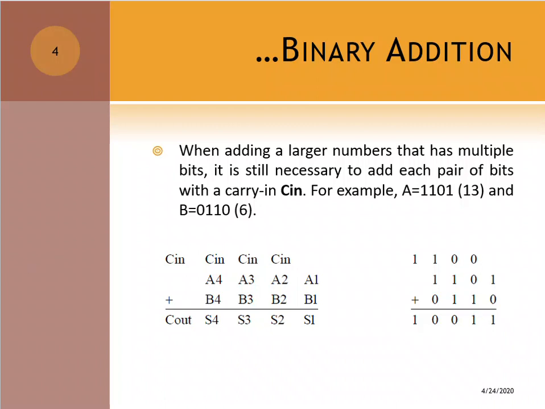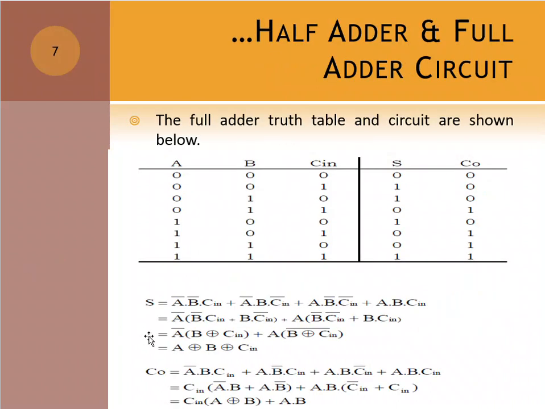So next, if we try to derive the equation, the sum of product for sum and C out for the full adder circuit, we are going to have this. Let's trace one by one. For the sum of the full adder, we are going to have 4 output ones here.